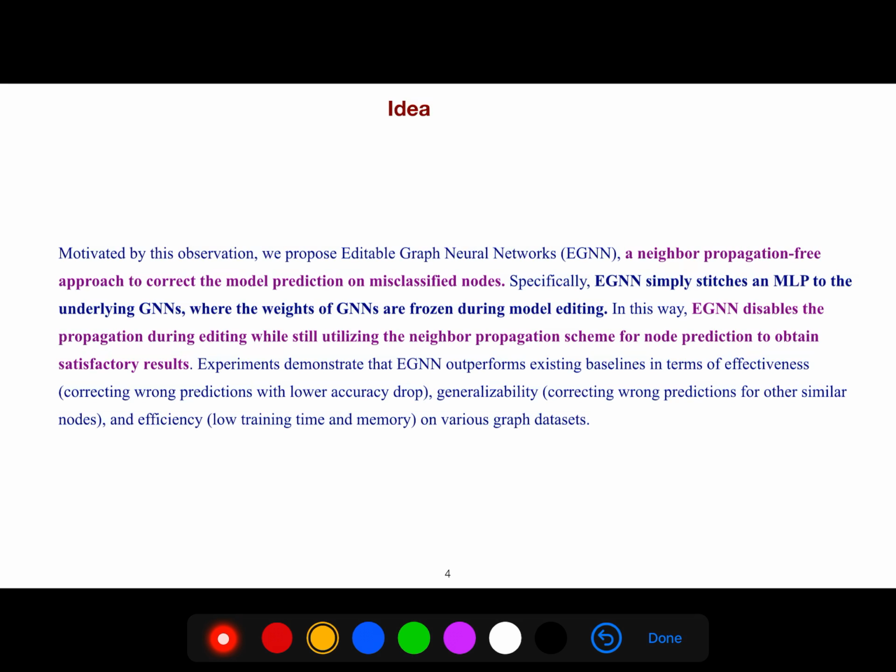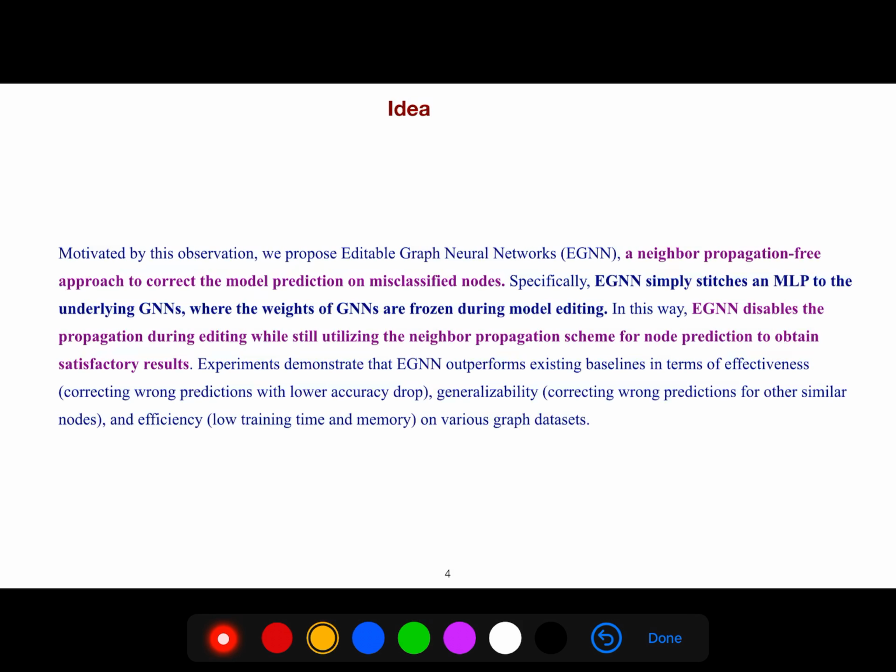Motivated by this observation, we propose editable graph neural networks, a neighbor propagation free approach to correct the model prediction on misclassified nodes. Specifically, eGNN simply stitches an MLP to underlying GNNs, where the weights of GNNs are frozen during model editing.